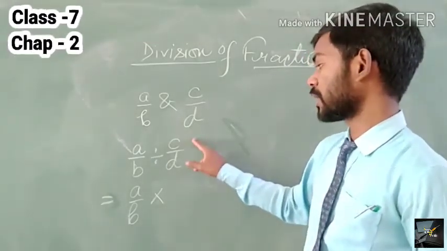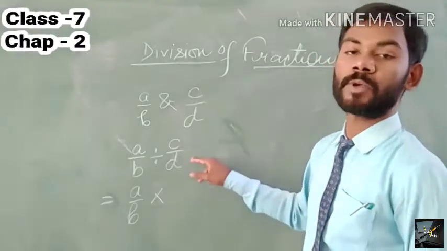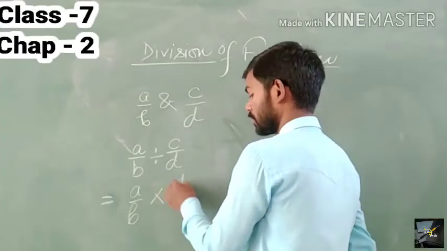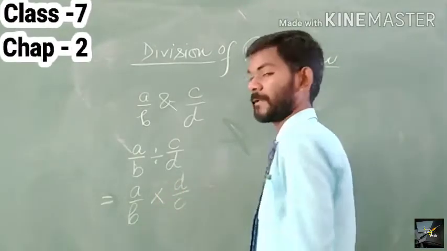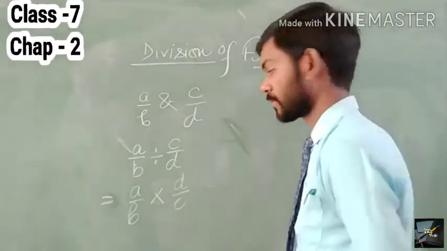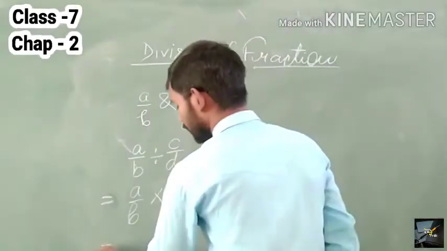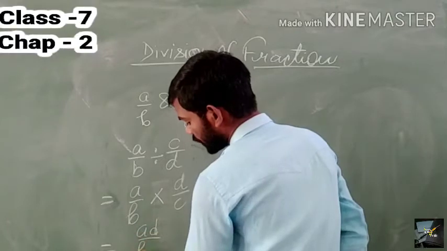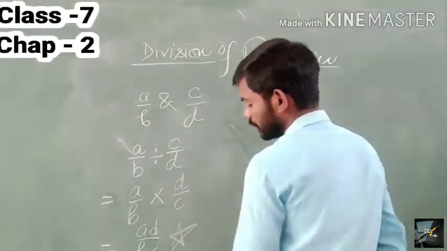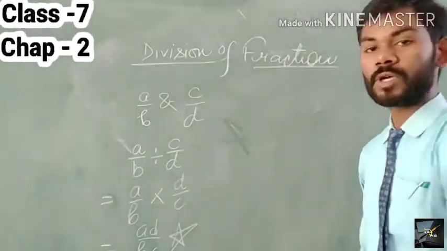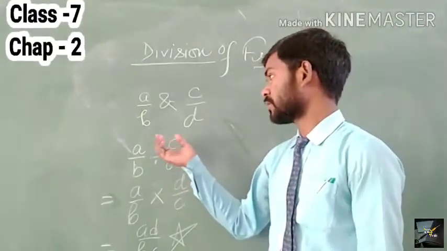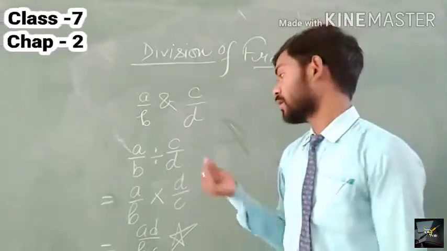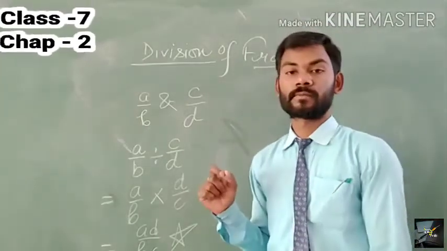Therefore, we write the reciprocal of the fraction c upon d, and here we get d upon c. Now we get the result as ad upon bc, which is the solution when a upon b is divided by c upon d.